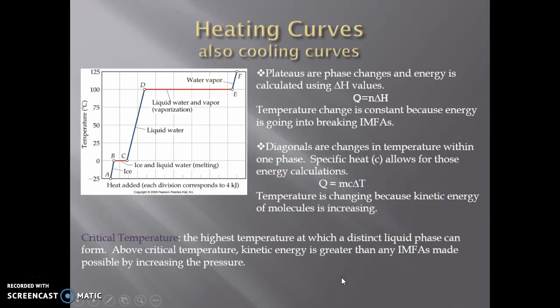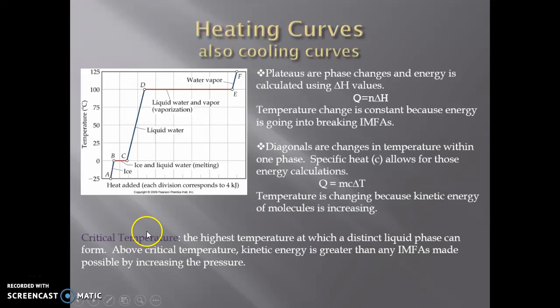Couple other terms that we didn't see last year. Critical temperature is the highest temperature that you can get a material in its liquid phase. Above the critical temperature, the molecules possess so much kinetic energy that they've got so much movement with them that it doesn't matter how much you try and compress them together, you can't get attractions to form, and so you can never get it to become a liquid again.